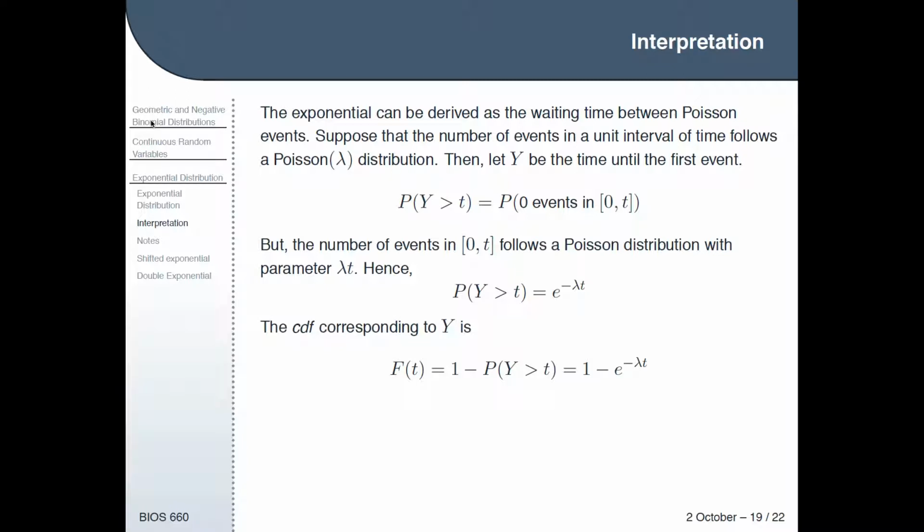So the probability that there's an event before time t is 1 minus e to the minus lambda t, which of course is just the CDF of the exponential distribution. And the density, what I just laid out previously.